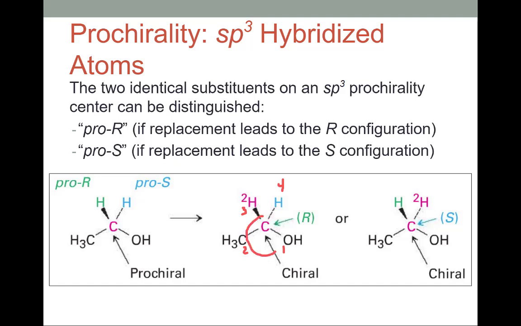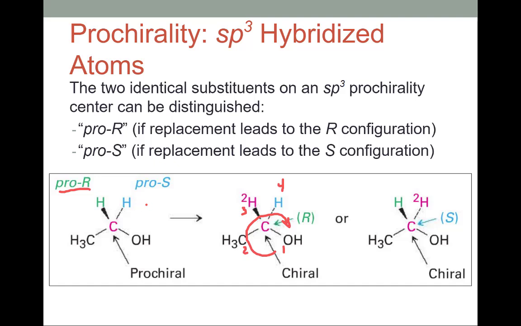And so we see that R rotation going clockwise. So replacing that green hydrogen with something else gave us the R configuration. So we would call that green thing pro-R. It's the hydrogen that when it's replaced forms the R configuration.